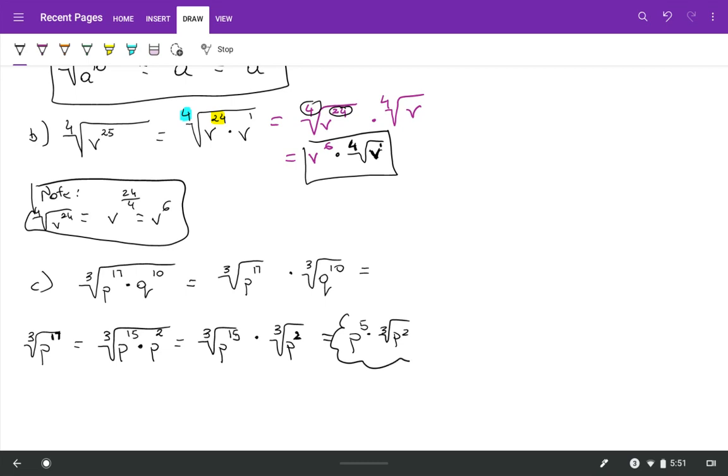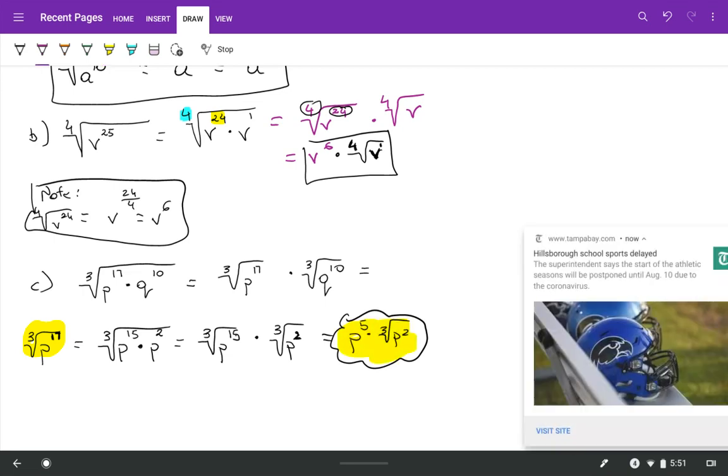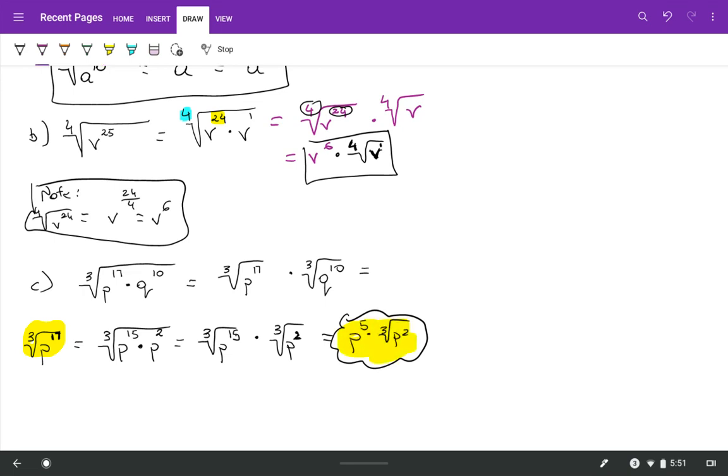Okay, so I will save that. So this is cube root of p to the power of 17. So the answer is p to the power of 5 times cube root of p squared.